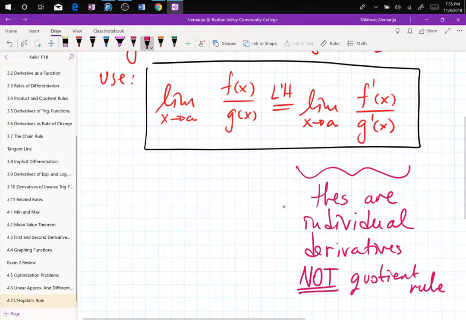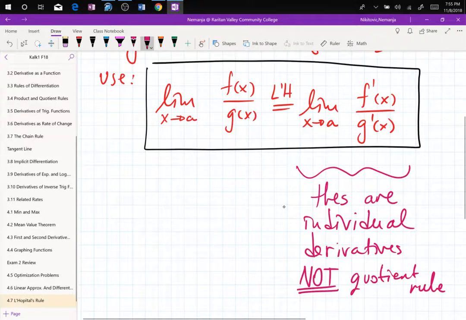Your function f of x on top is completely detached from g of x in the denominator, and you are taking independent derivatives. Note that in the notation I did not put derivative of this over that, which would be the quotient rule, right? We are taking the independent derivative of the numerator from the denominator, and each one is a separate calculation.